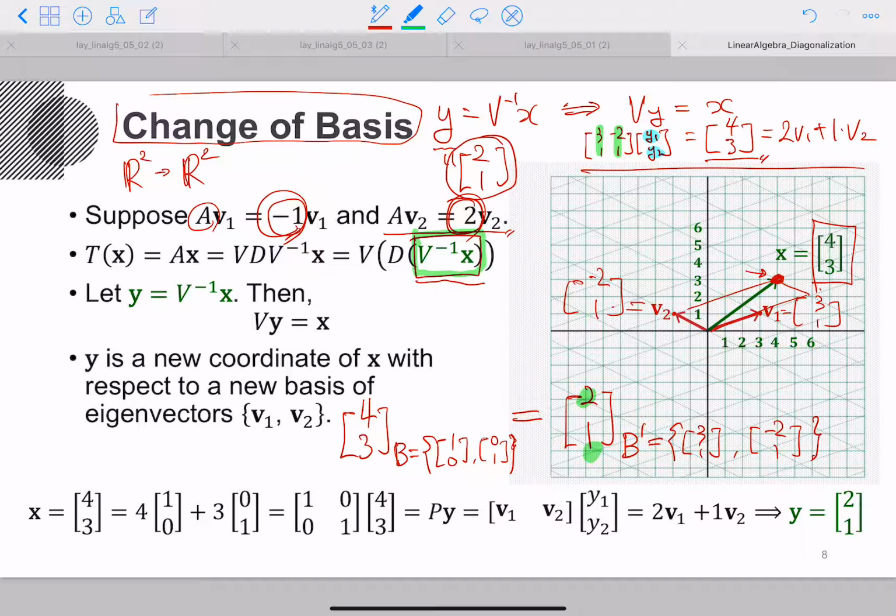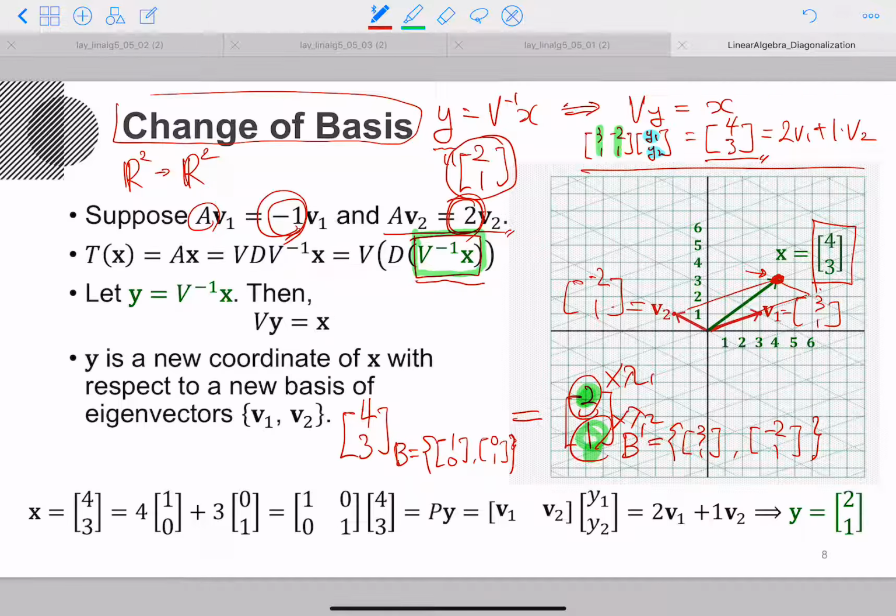Once we obtain these two coordinates with respect to the eigenvectors as our basis, multiplying by the matrix A is just a matter of scalar multiples: this guy times lambda 1 and this guy times lambda 2.